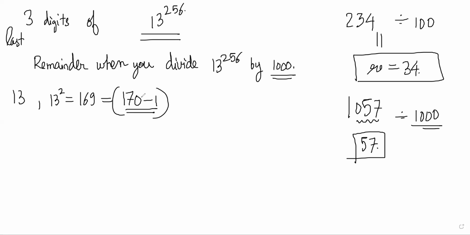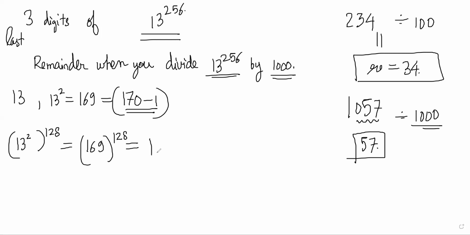It will be easy to decide which one is divisible by 1000 once we expand this. So 13 power 256 can be written as 13 square power 128, and that is 169 power 128, and that is 170 minus 1 power 128, right?